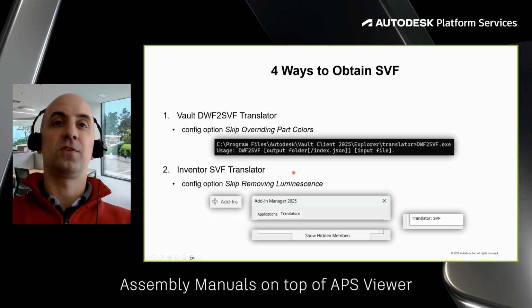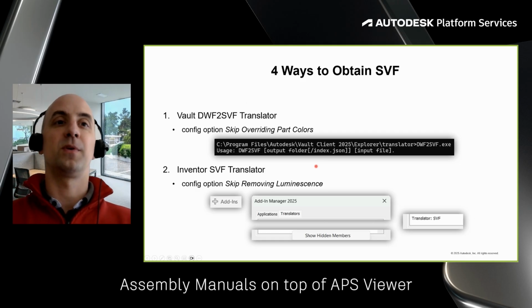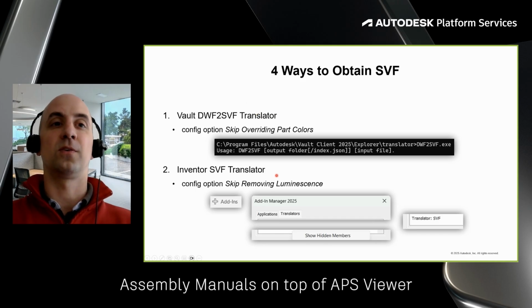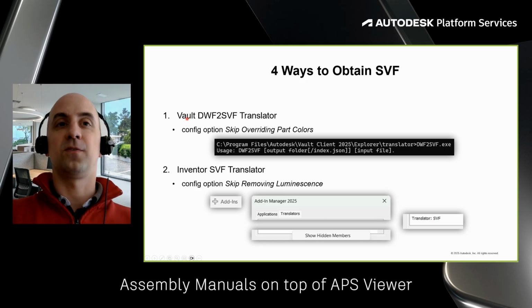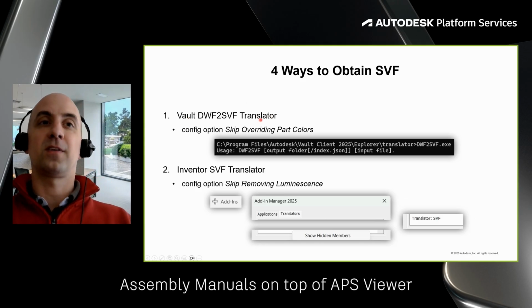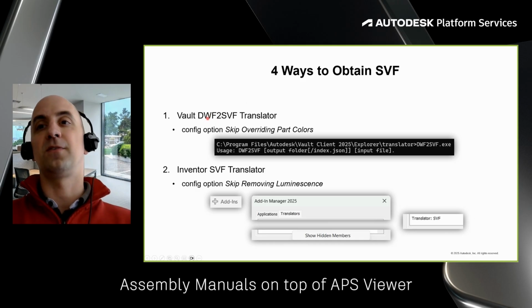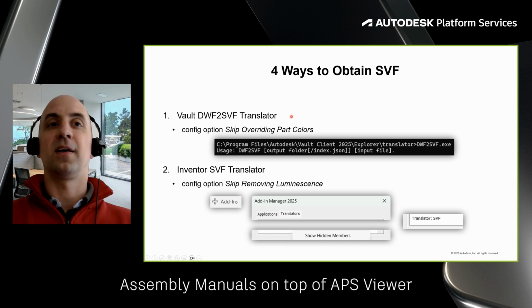On this slide, I am explaining four ways to obtain SVF, but there are really just, as far as we know, two translators that you can use on-premise locally. The first one is the Vault Translator. Essentially, it takes the DWF 3D file format as an intermediary, and it's pretty much a CLI tool, as you can see in this picture.